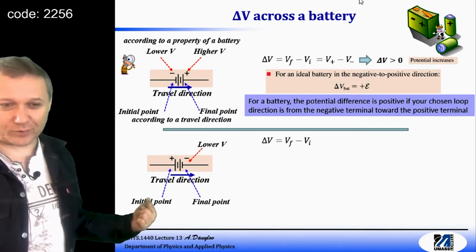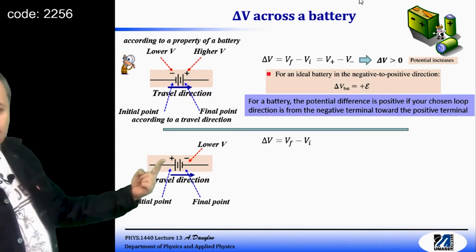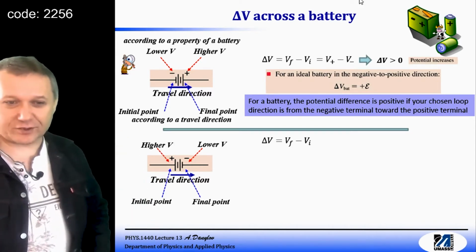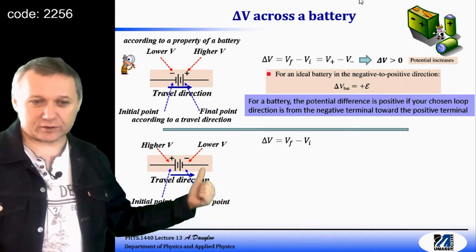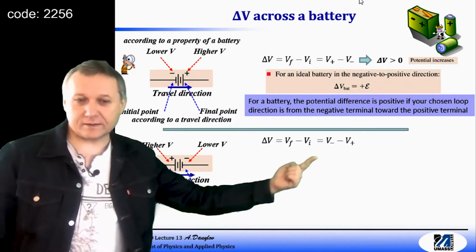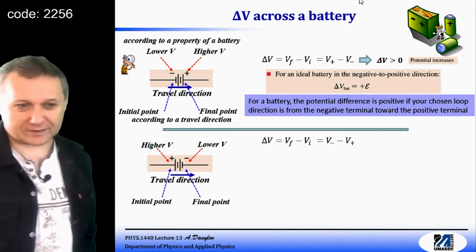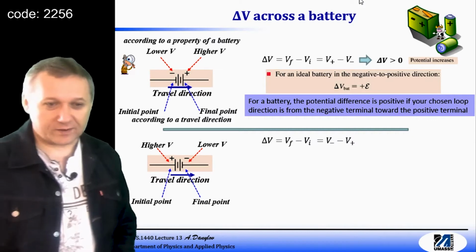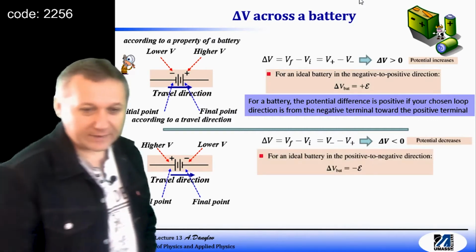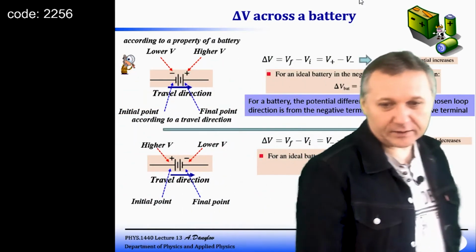And of course, the initial point is plus, higher potential. So if you subtract V final minus V initial, the final is lower, so V minus minus V plus. So the contribution to the loop equation is going to be negative, minus EMF, electromotive force.